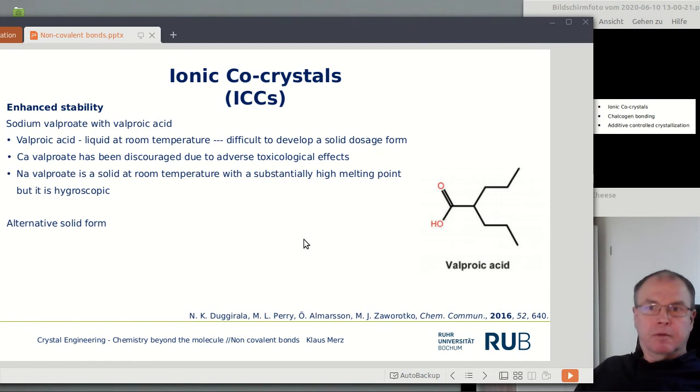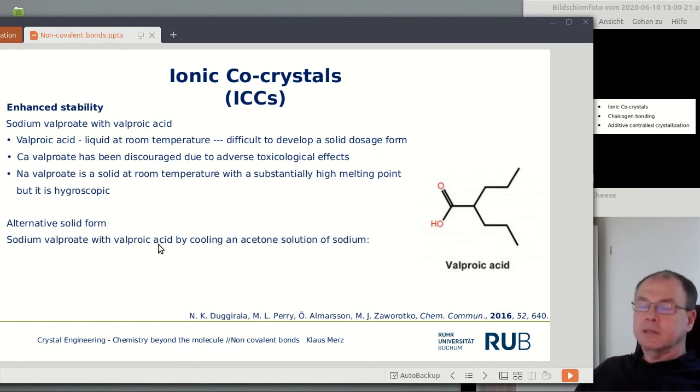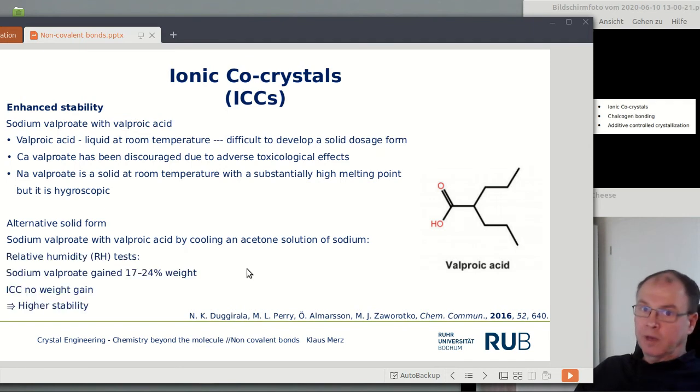An alternative solid form: the sodium salt with the acid, and by cooling this mixture from acetone solution, you get an ionic co-crystal. Here are the properties of this ionic co-crystal in a relative humidity test. As I said, the sodium salt is hygroscopic.